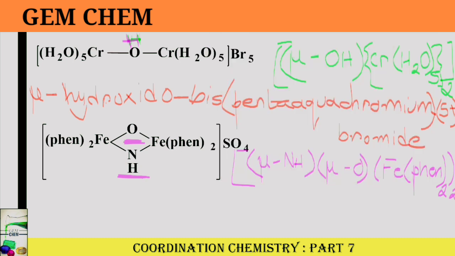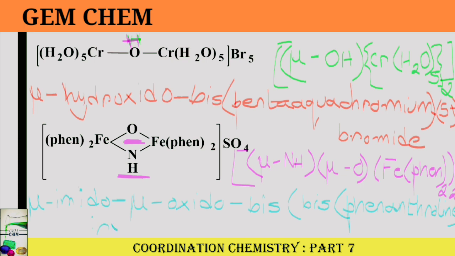So for this the name will be mu imido, then again a hyphen, mu oxido, then again a hyphen, after that bis, because there is twice, again give a bracket, and there are 2 phenanthroline, so we are going to write bis phenanthroline, then close the bracket of phenanthroline, then continue writing iron, and you have to write the charge of the iron as 2 plus, followed by your anionic part, that is sulfate.